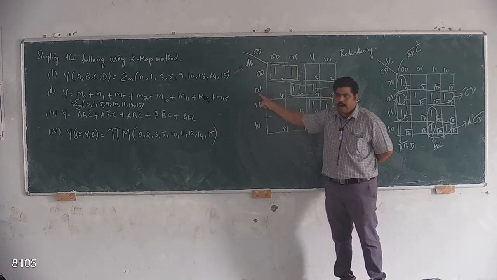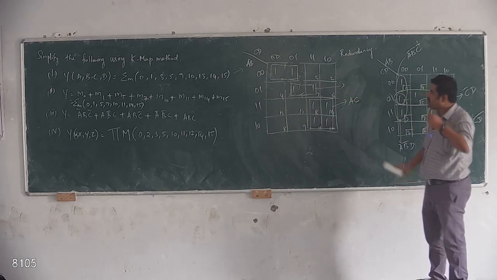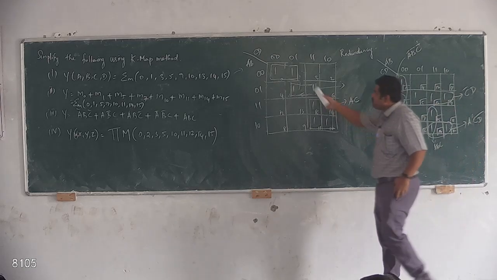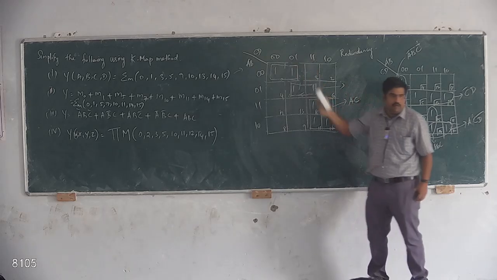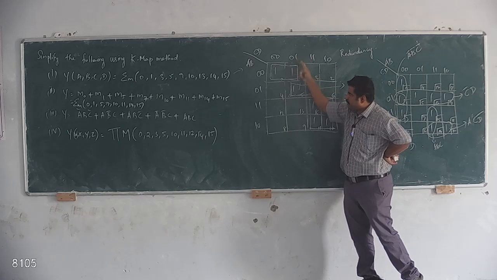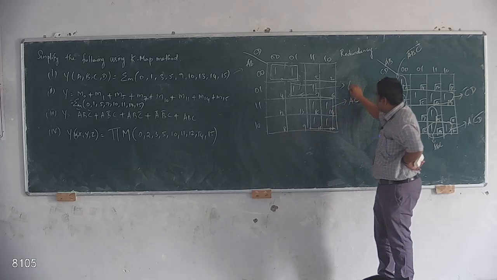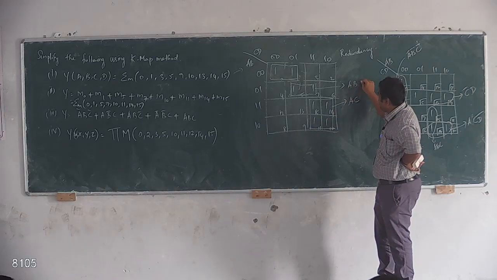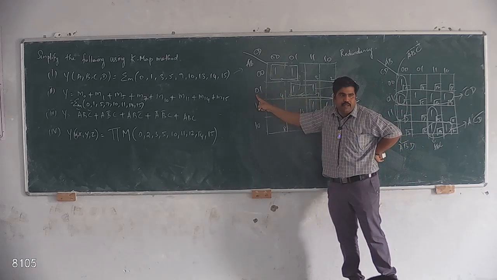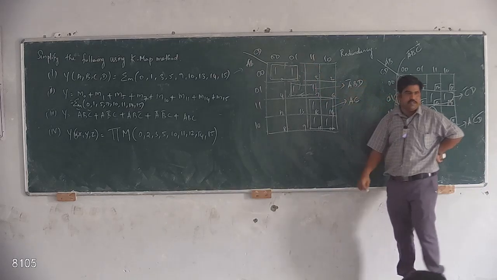This 2 is going to come as it is. We need to take the common value outside. Here the common value is D, and here the value is A bar B. This value is A bar B. Listen carefully: this value is A bar B, and the common value is D. So this is the answer for that.